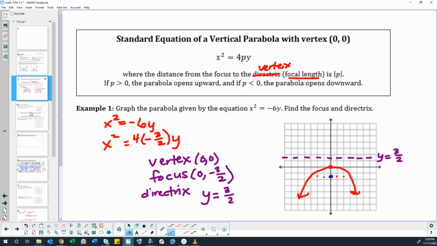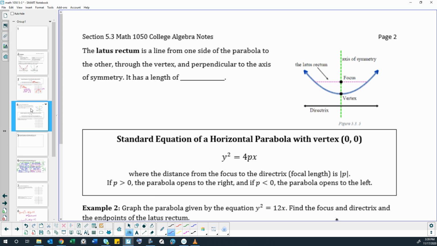Okay, let's keep going here. So on the next page we have this hint I was telling you about that helps us figure out how wide our parabola is. Kind of a funny name, the latus rectum, Latin, that has been used for years to describe this part of a parabola. We're just now learning about it because it hasn't really mattered, but it's very helpful when we talk about these in terms of being conic sections.